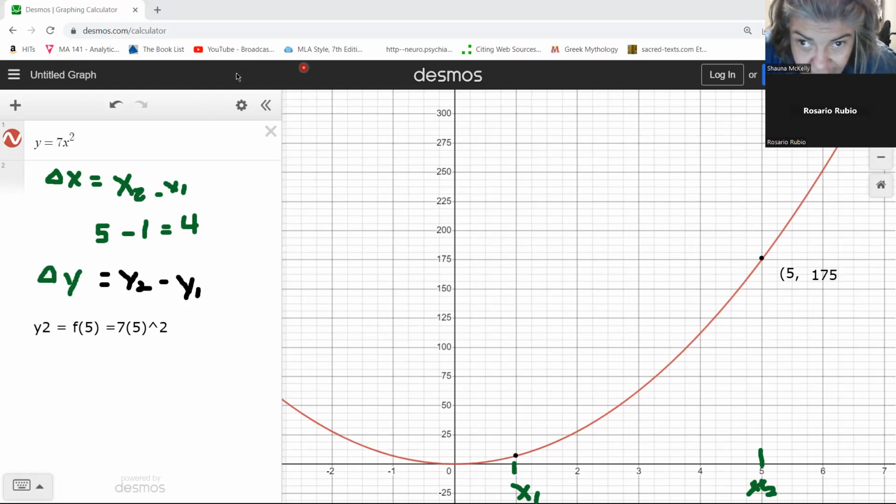Yes. So now, I have a question before we continue. So what you wrote here, that is like the formula. The delta y equals y2 minus y1. This applies to every problem like this?